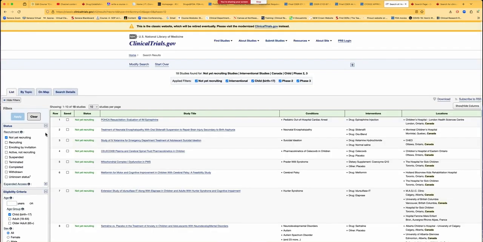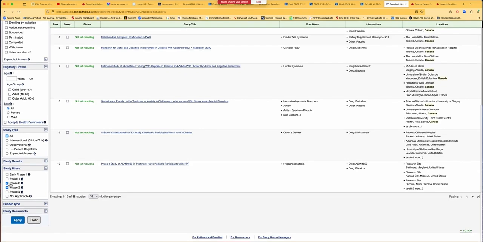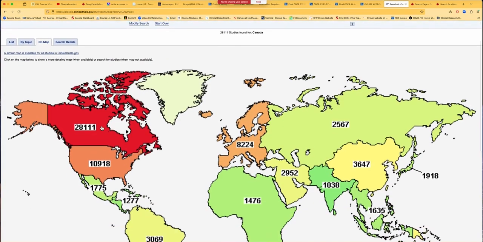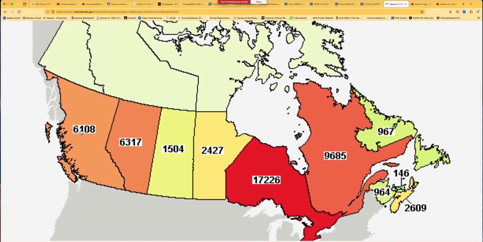Now you can also, for example, just remove the not yet recruiting, remove the different updates. And then when I have this, I go to the map, and now I go to Canada, and I see in each province what the studies are.